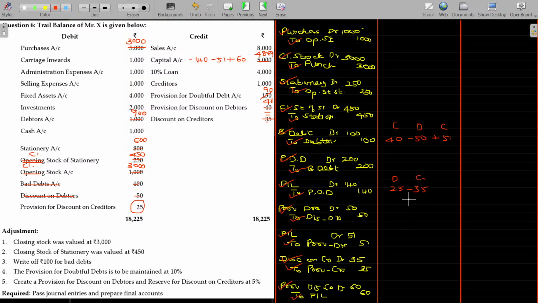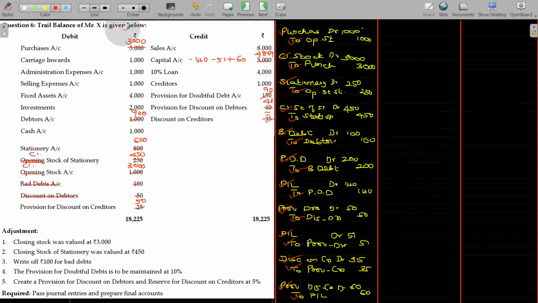Again, provision for creditors given in the debit side should be added. The value being 60, right? So what is the ultimate value? 50 rupees. Okay, 50 rupees will be the value. I'll change this to 50. Hope you could now understand.